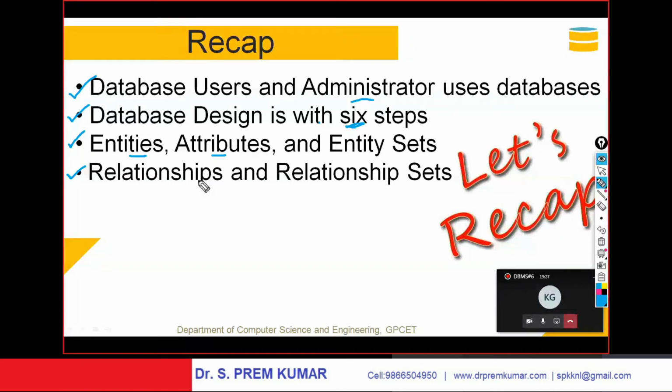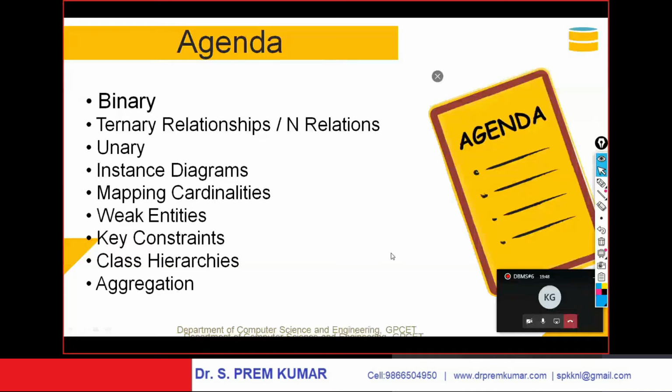Treats is a relation. A doctor treats a patient. That is how these 2 entities are associated. They got related to each other. Those are called relationships. The similar set of relationships are called relationship sets. This is what we discussed in our previous class. This is a recap of our previous episode.